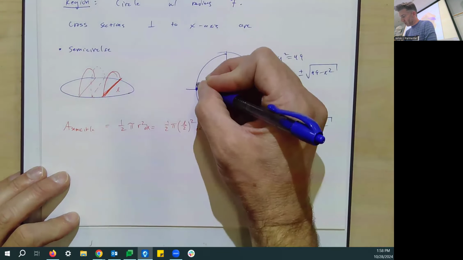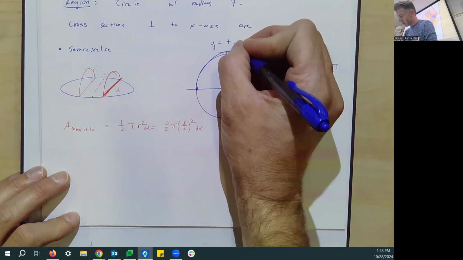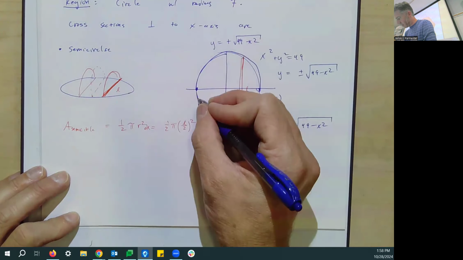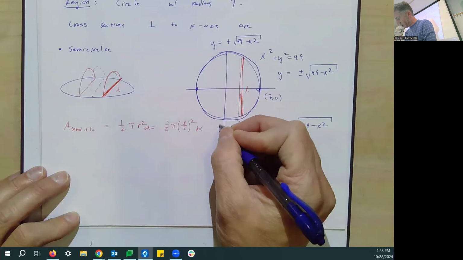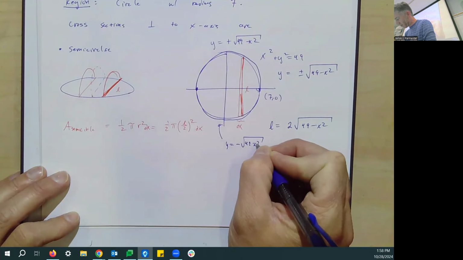And I'll say that again because I know I said it kind of fast. The top half is y equal to plus the square root of 49 minus x squared. The bottom half is y equal to the negative square root of 49 minus x squared.